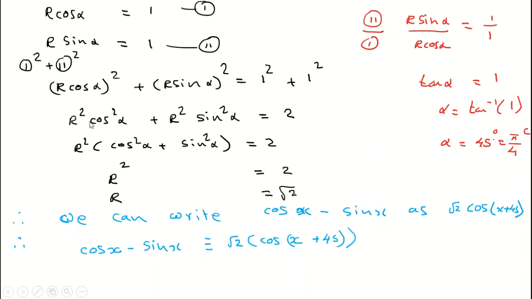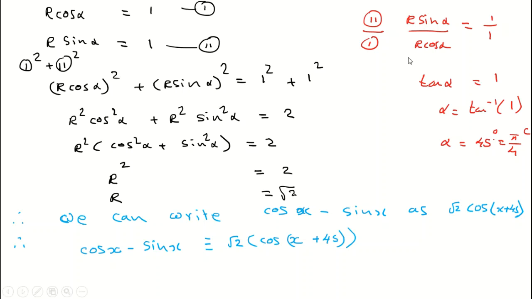So r squared is common here, take it out: cos squared alpha plus sin squared alpha is equal to 2. Cos squared alpha plus sin squared alpha is our basic trigonometric identity, I can write this as 1. So r squared is equal to 2, r is equal to root 2. So we can write cos x minus sin x as root 2 cos(x plus 45).